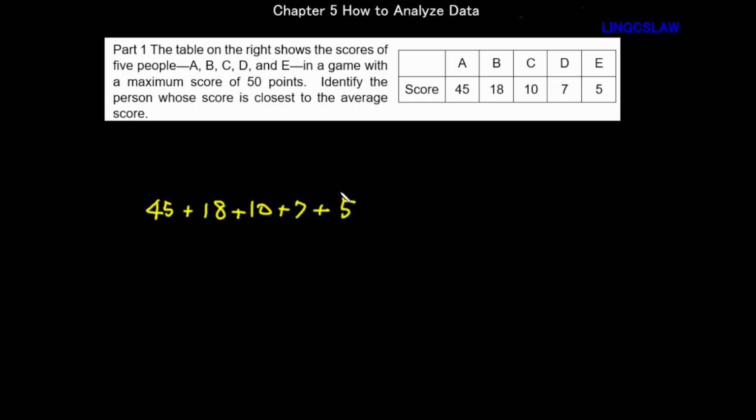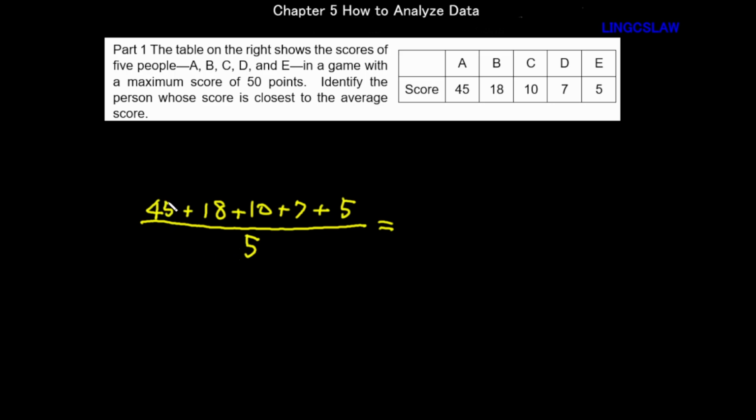Then you are going to divide this sum by the number of people. There are 5 people, so divide by 5. In this way you will get the average.